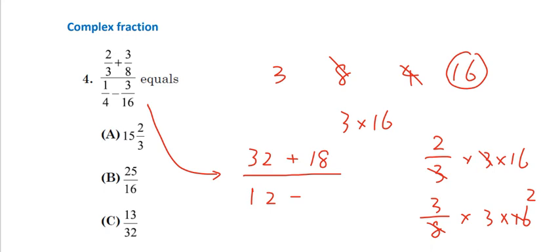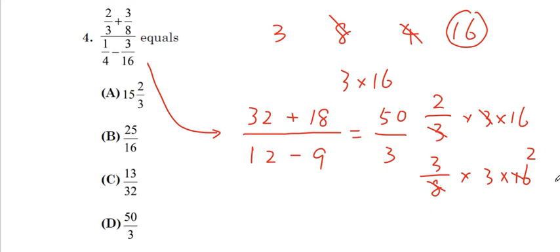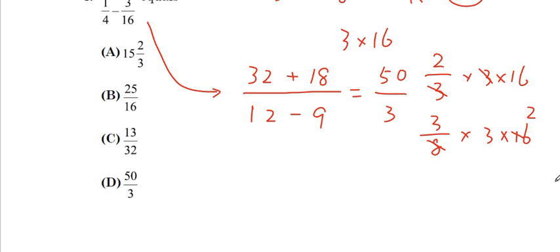And 3 over 16 multiplied by 3 times 16, the 16 cancels, giving 9. So this equals 50 on top and 3 on the bottom. The answer is D, right? Those are kind of quick calculation problems. So we can stop here.